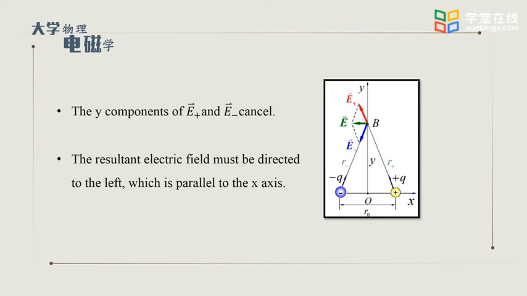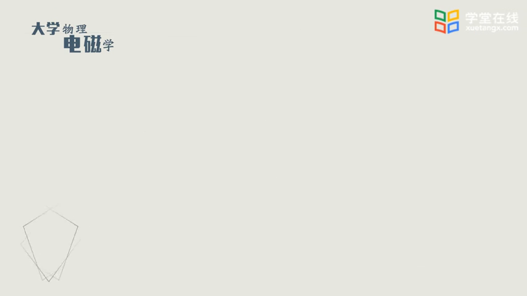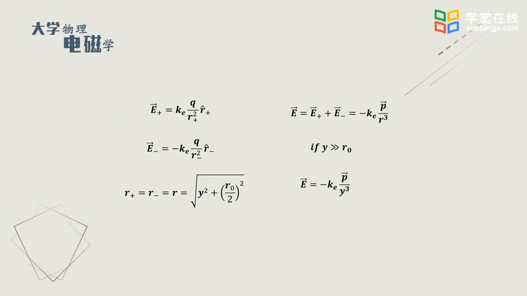Therefore, the resultant electric field at point B must be directed to the left, which is parallel to the x-axis. We calculate the electric field due to the positive charge and negative charge individually. The resultant field at point B is the vector sum of all contributions from these two charges. The details of the calculation are shown here.